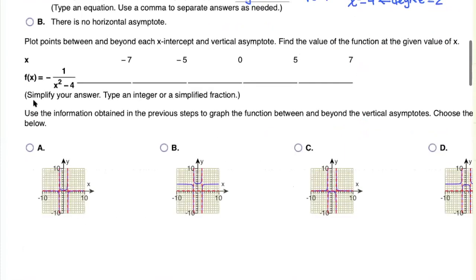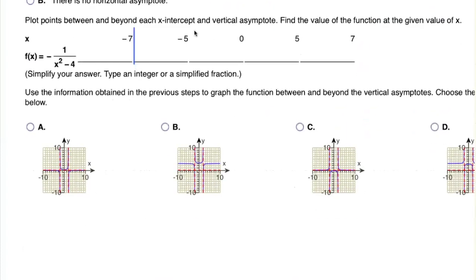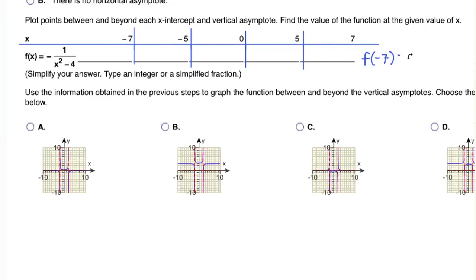And the last thing they want you to do is they've given you some values. You want to look at this like it's a table. So in the first spot, I'm supposed to plug -7 into this fraction. I'll go off and do that off to the side. My numerator is going to stay the same, keep the minus sign in front.